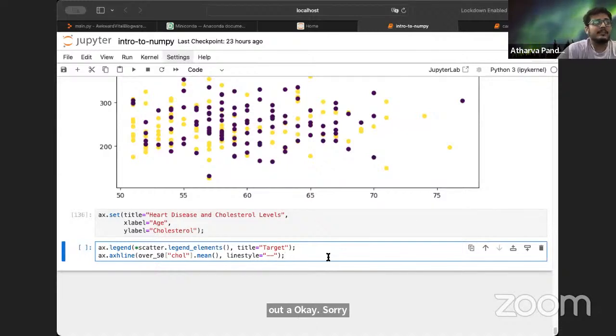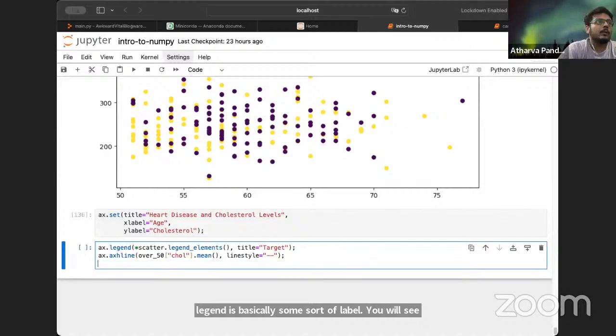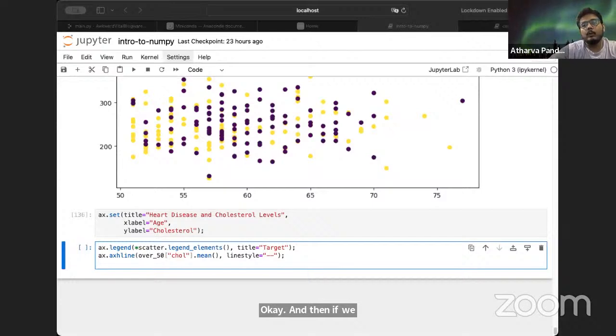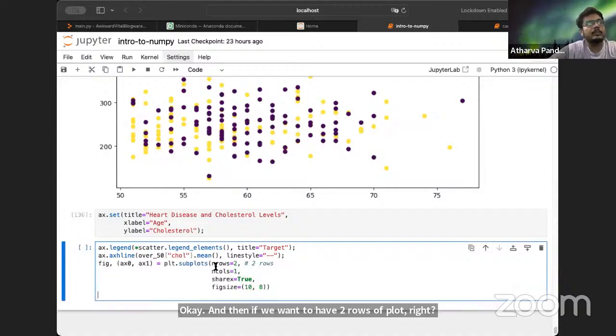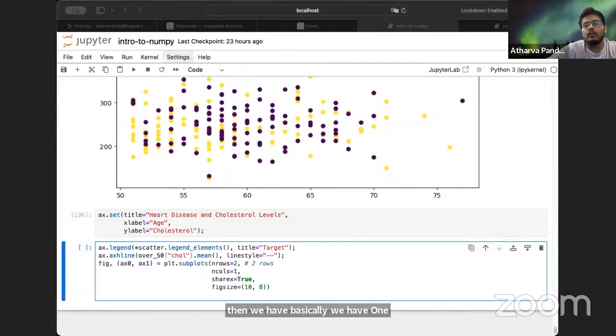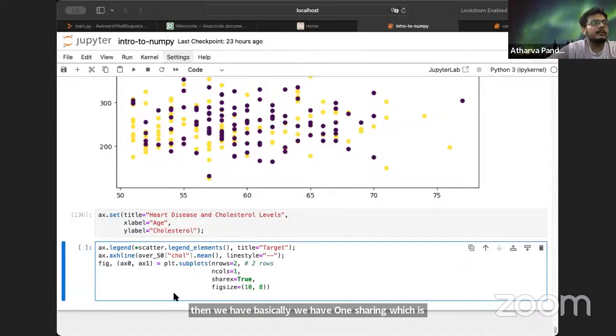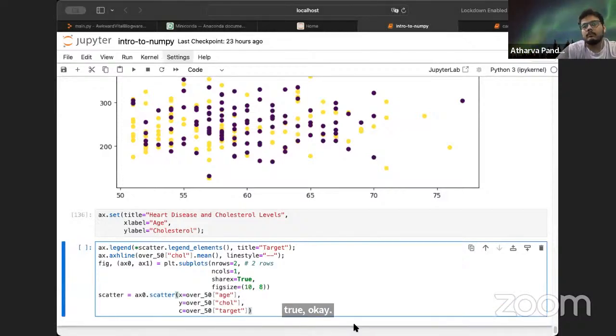Legend is basically some sort of label. You will see what it means when it is plotted. And then if we want to have two rows of plot, you remember this when I was telling you about this whole OO plot. We have two rows, hence we have two axes, AX0 and AX1, and then one column. And then we have share X, which is true. And let's draw this. Cool.